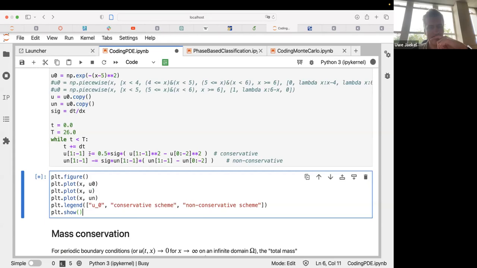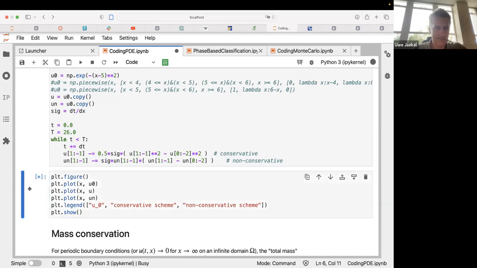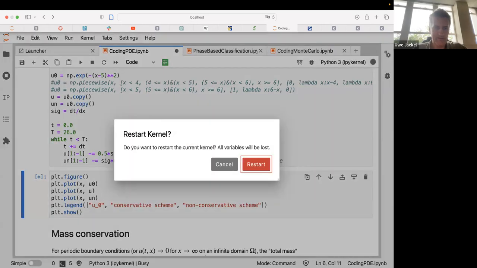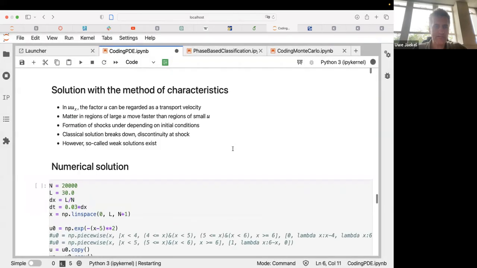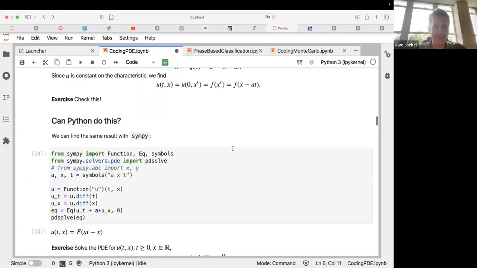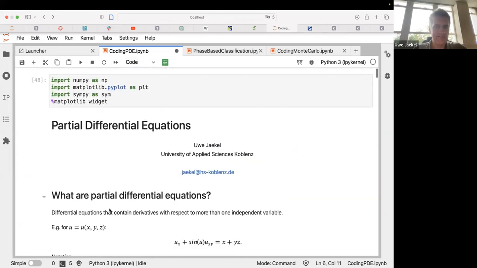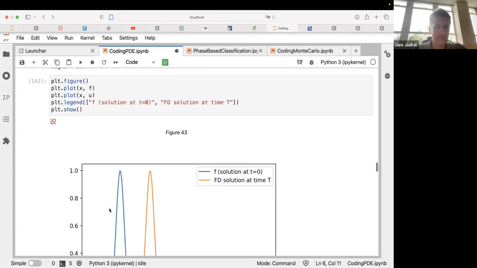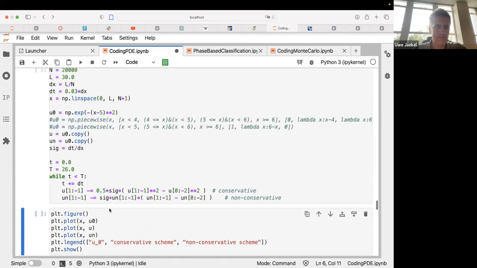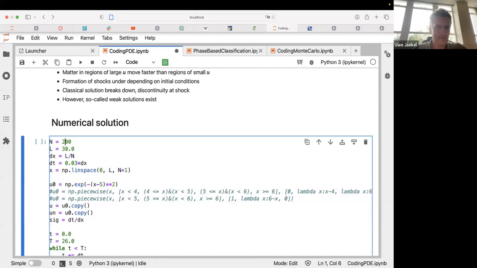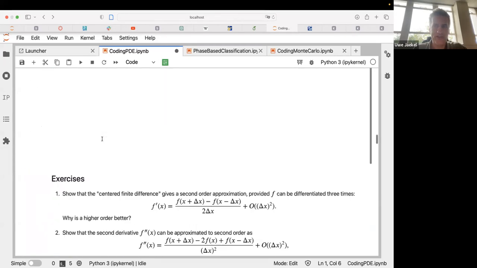Okay, that's a little bit too long. Maybe I should show it the other way around. Okay, sorry. So I have to restart the kernel. We make it the other way around.